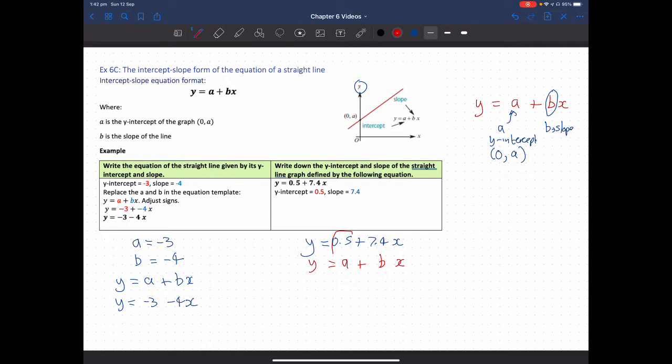So a is 0.5 and b is 7.4. So a is the y-intercept, and that y-intercept will equal 0.5. The b is the slope, and b is equal to 7.4.